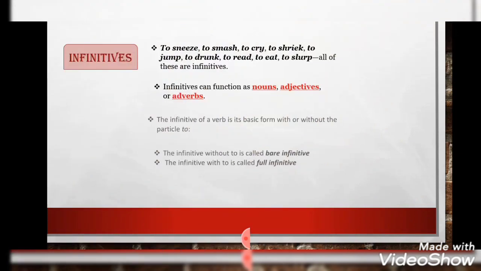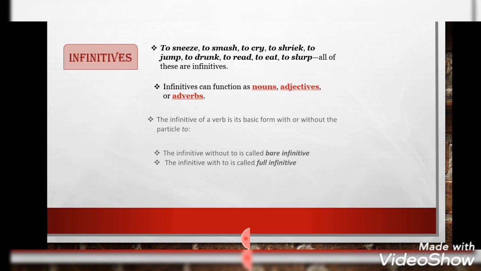Now let us discuss about infinitives. See these words: to sneeze, to smash, to cry, to shriek, to jump, to drink, to read, to eat, to slurp. Now all of these are infinitives.